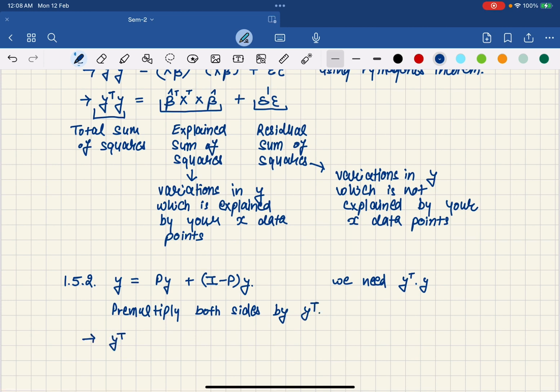So you will get y transpose y, which is your y squared, equal to y transpose Py plus y transpose (I minus P) y.